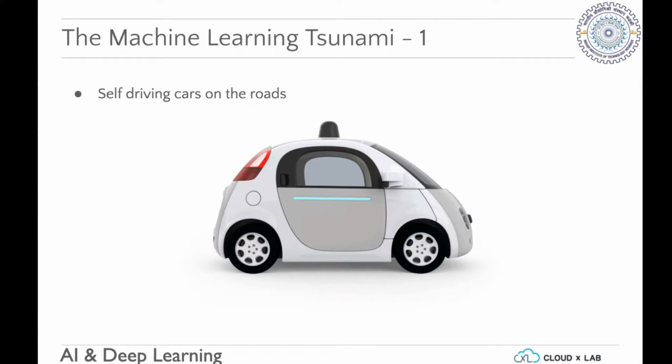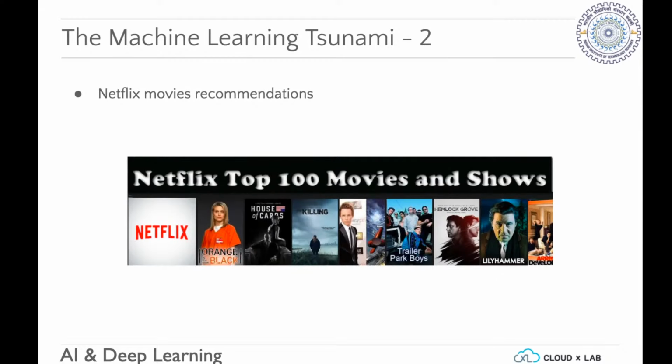Okay. So we are right now living through what's called a machine learning tsunami. There are self-driving cars on the road. Another great example is Netflix movie recommendations. So Netflix or IMDb or anybody, this is the business of recommending. It's trying to feed you more information.